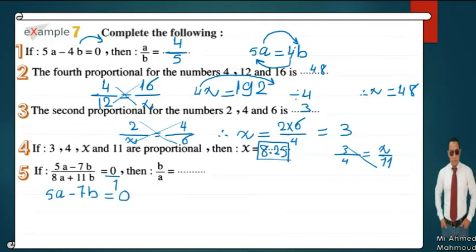Then I will send 7b there, therefore 5a equals 7b. Then a takes 7, b takes 5, then b over a equals 5 over 7.